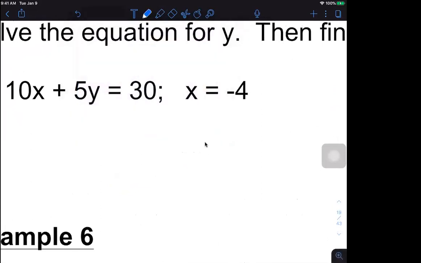Solving for y. What's the first step going to be, Nate? Substitute -4 for x. Okay, no, first we're going to solve for y, and then the second step is going to be substituting.